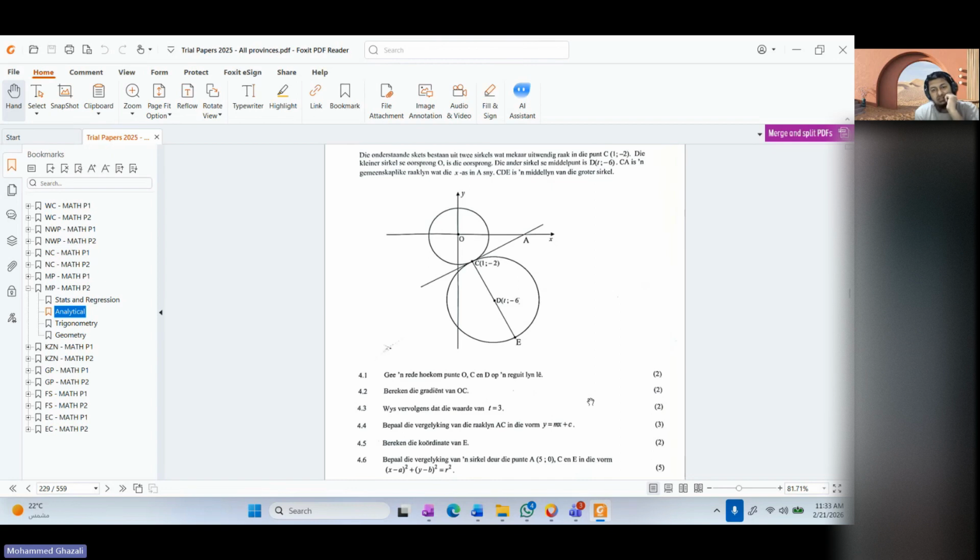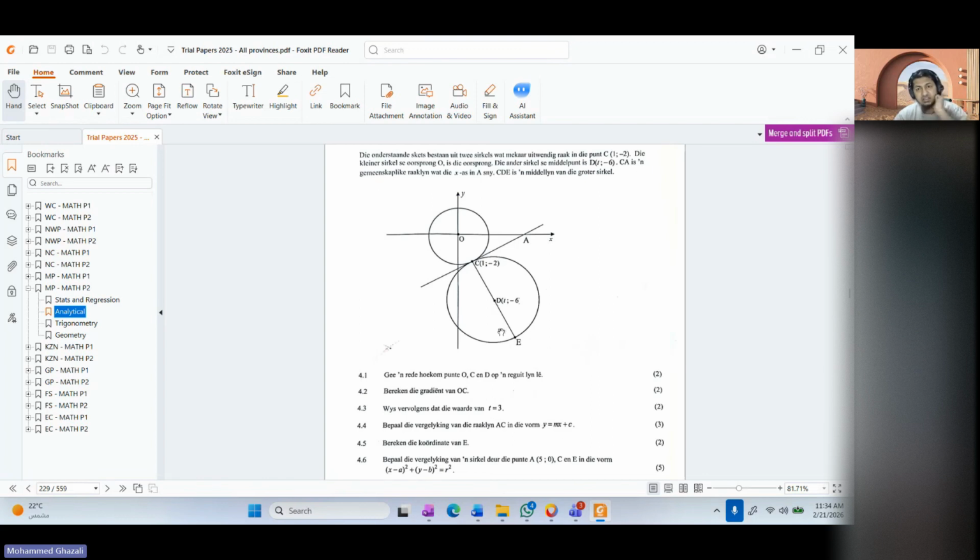Okay, this part is just gone in Afrikaans. So I'm not going to answer this. I'm just trying to understand that you've got point C here, which is the tangent. Point D is the center of the bigger circle.